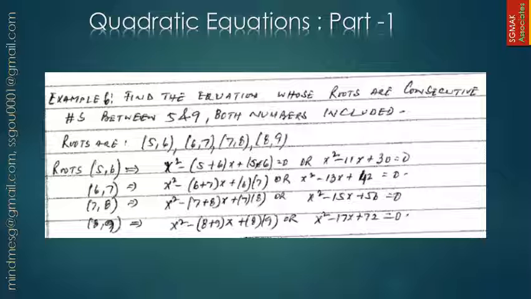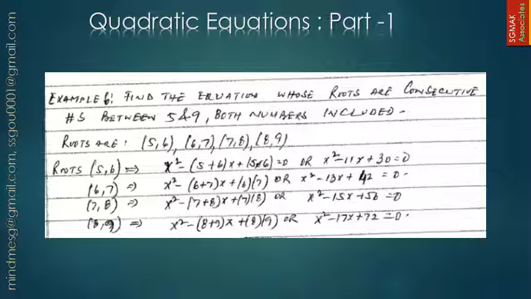So what we do, we are looking at finding the equation in 4 cases where roots are given, we need to find the quadratic equation. So the rule is simple, x squared minus sum of the roots times x plus product of the roots.